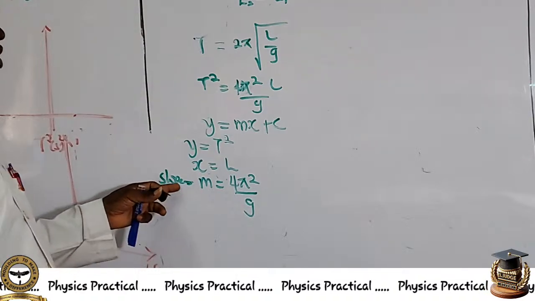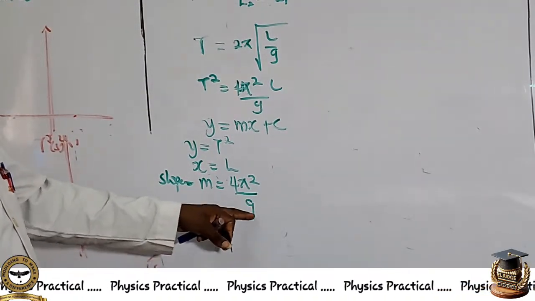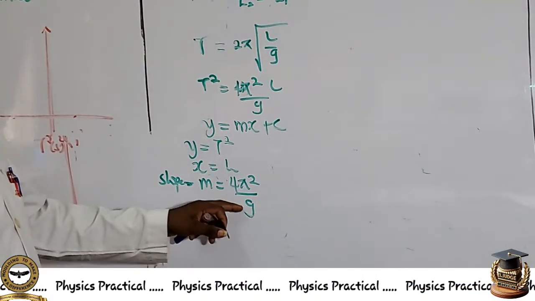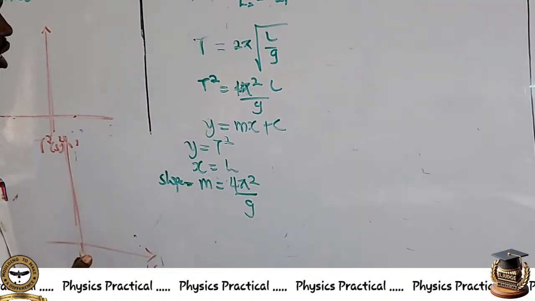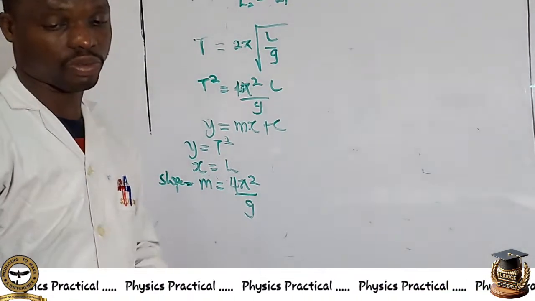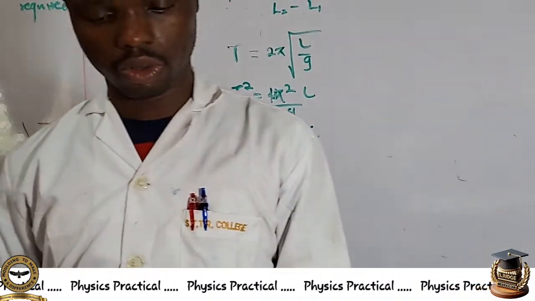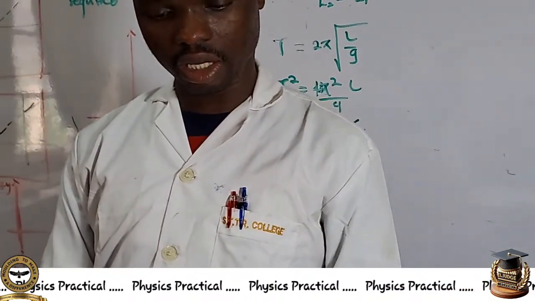So after you have gotten your slope, you can get your acceleration due to gravity from your slope. That's how to do these kinds of theoretical determinations.